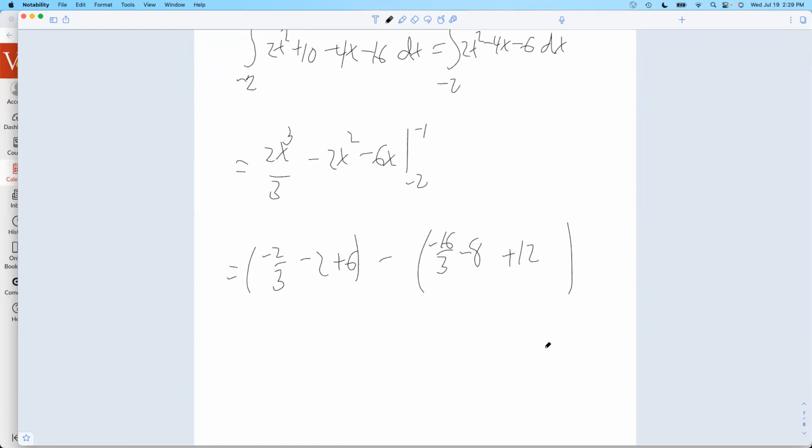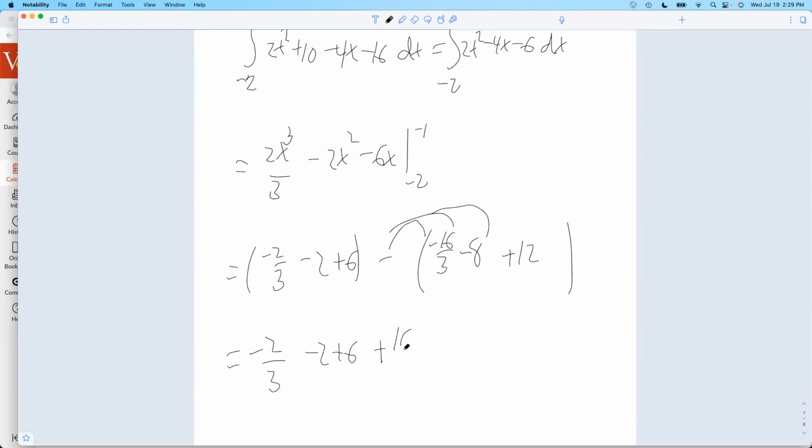I don't know if there's a best way. Maybe it's best to distribute the negative and add like terms. Maybe it's best to do each one of these individually and then add them. For fun, I'm going to distribute this negative because maybe it'll end up being less arithmetic later. So distribute that negative.